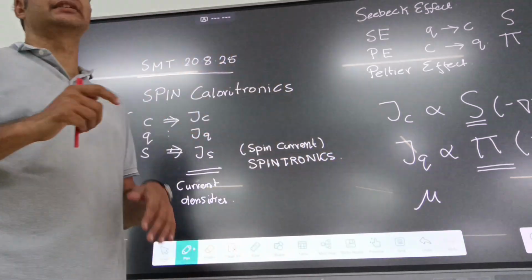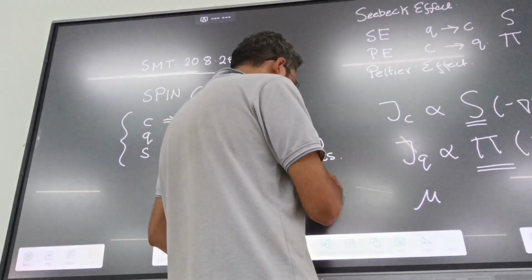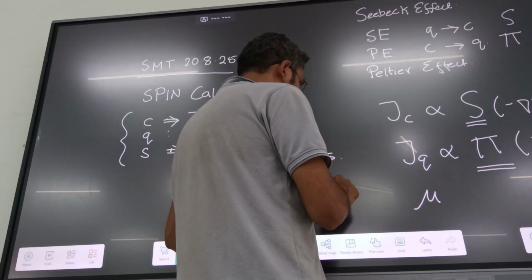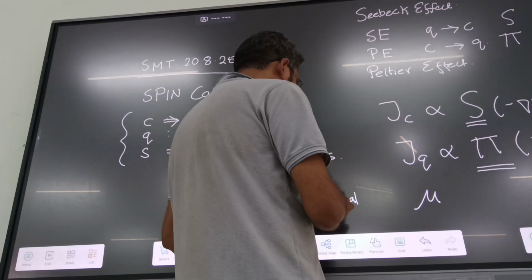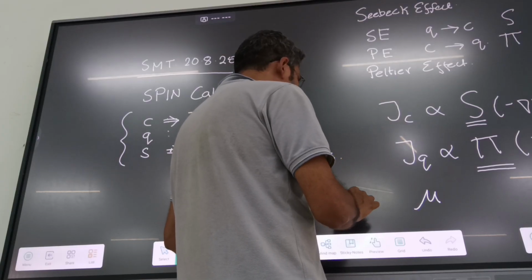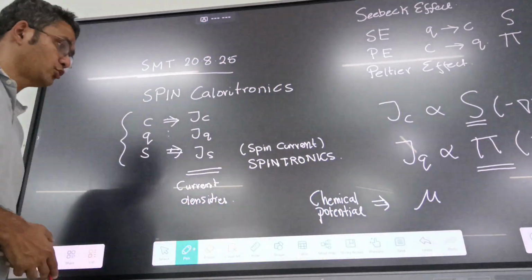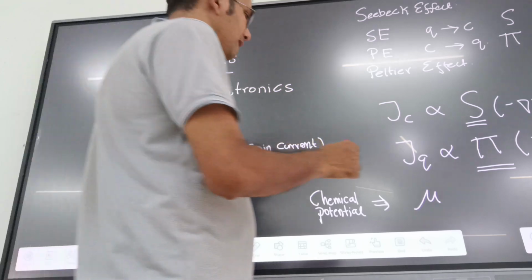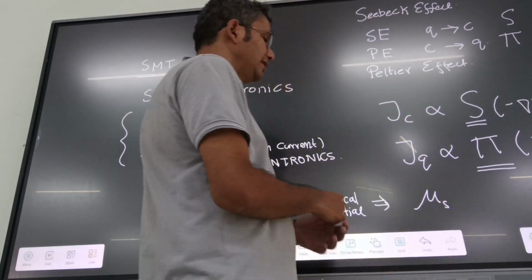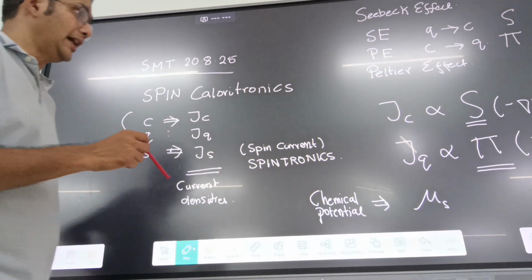Thermodynamics में जितने भी potentials हैं, उनमें से एक potential है mu, and it is actually called the chemical potential. Now, chemical potential is associated with a number of something. So if I say mu s, what I mean is the number of states available.